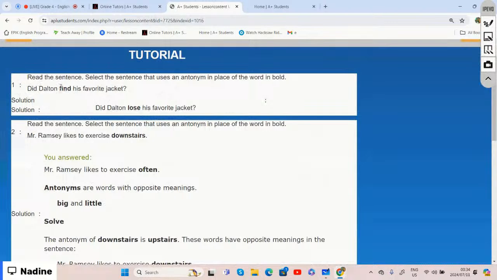What is the opposite of find? If you don't find something, then you what something? The opposite of find, to find something.